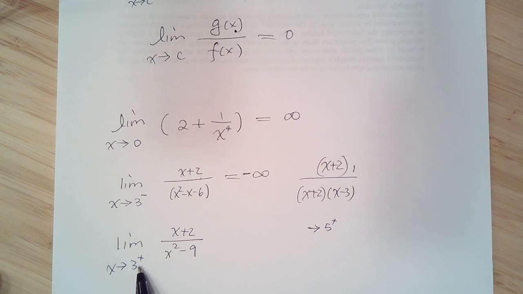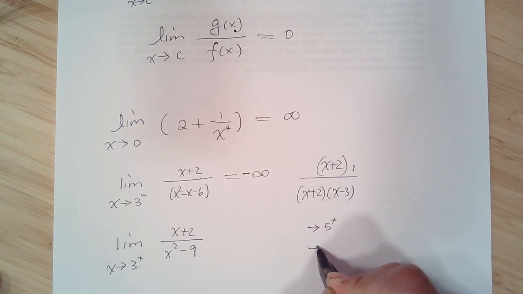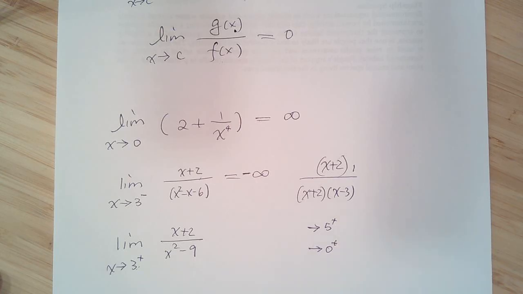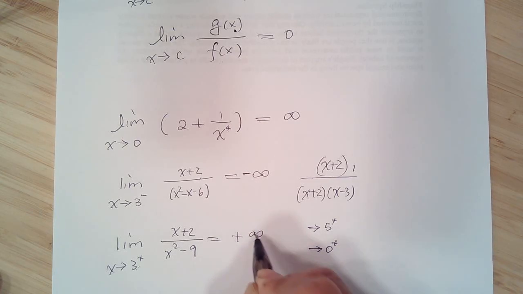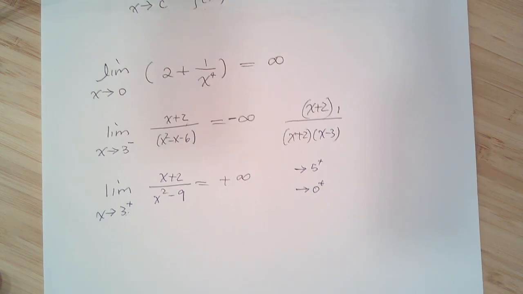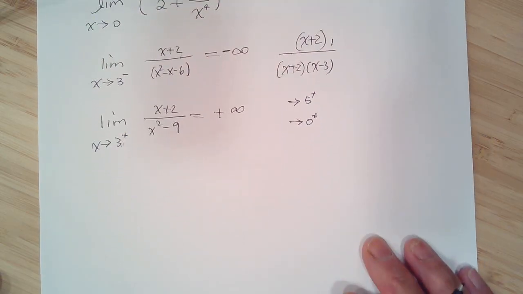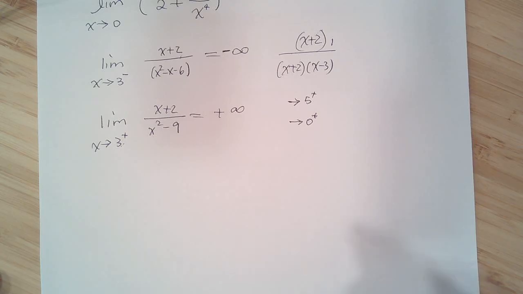So x squared is approaching 9 from the right side, right? Slightly over 3, so x squared will be slightly over 9. Minus 9 becomes a number slightly more than 0. So the denominator approaches 0 from the right side. So that answer is positive infinity. That's fairly simple, isn't it? All right, now next one.